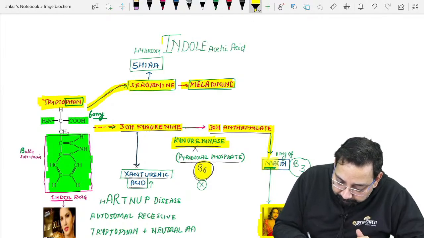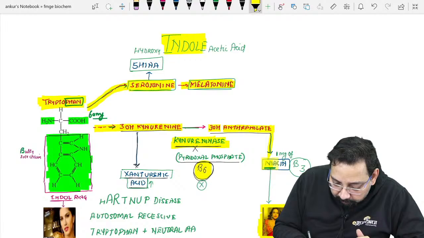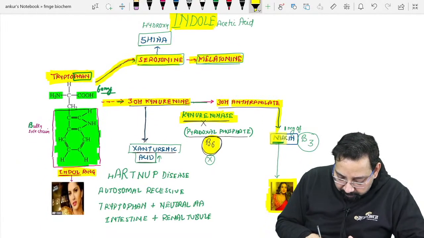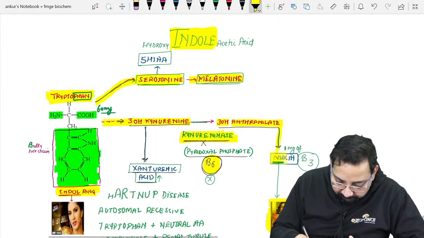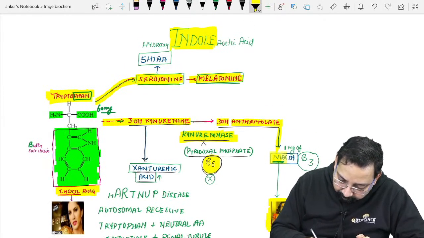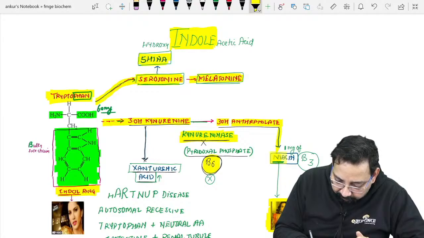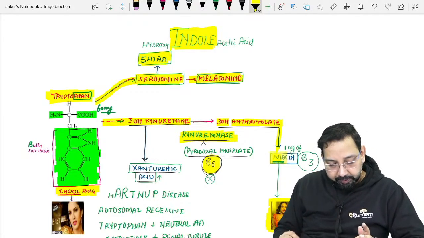Whenever you find the word indole, you will immediately think that this is baby doll related, meaning HIAA: tryptophan converted to serotonin converted to HIAA, the indole ring is there.